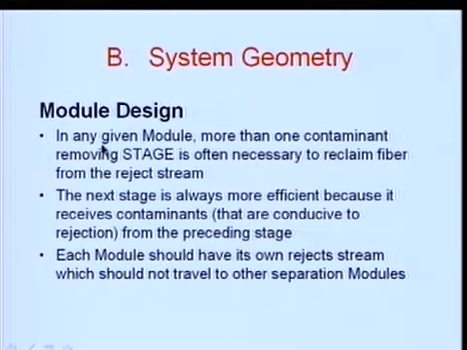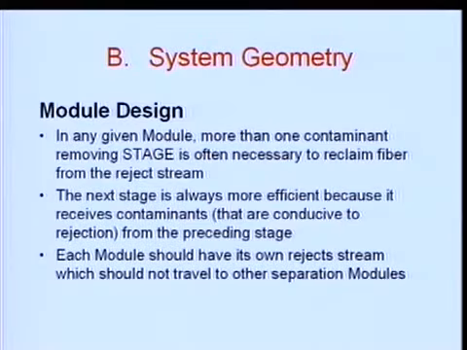So, module design. In any given module, more than one contaminant removing stage is often necessary to reclaim fiber from the reject stream. You have seen that, the people who talked about cleaners and screens and flotation already told you about that, and basically you need more than one stage, and the second stage is basically to recover some fiber.